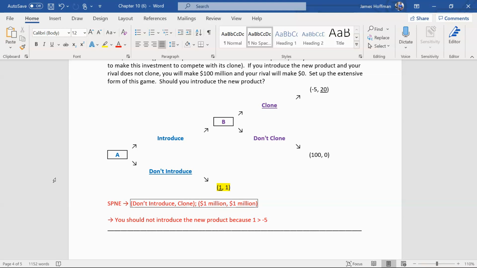So player A is always going to not introduce, player B is going to clone, and then the outcome is 1 million, 1 million. You should not introduce a new product because the 1 million you get from not introducing is better than the -5 from getting cloned.